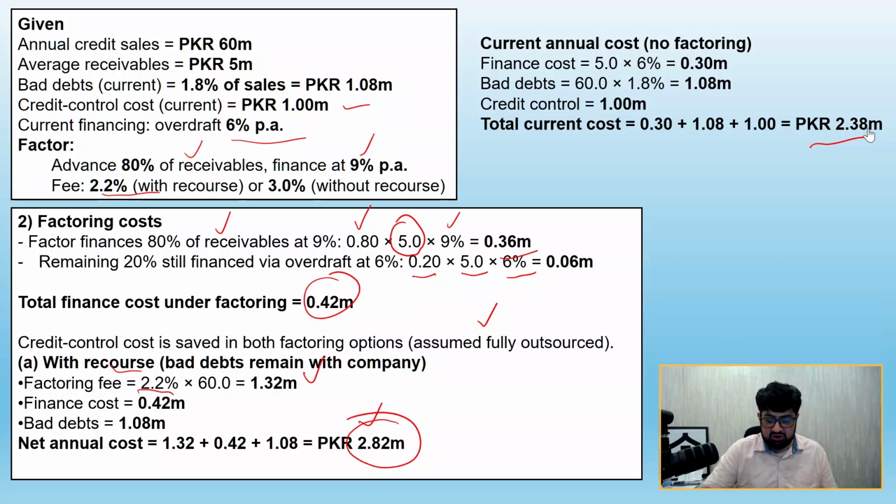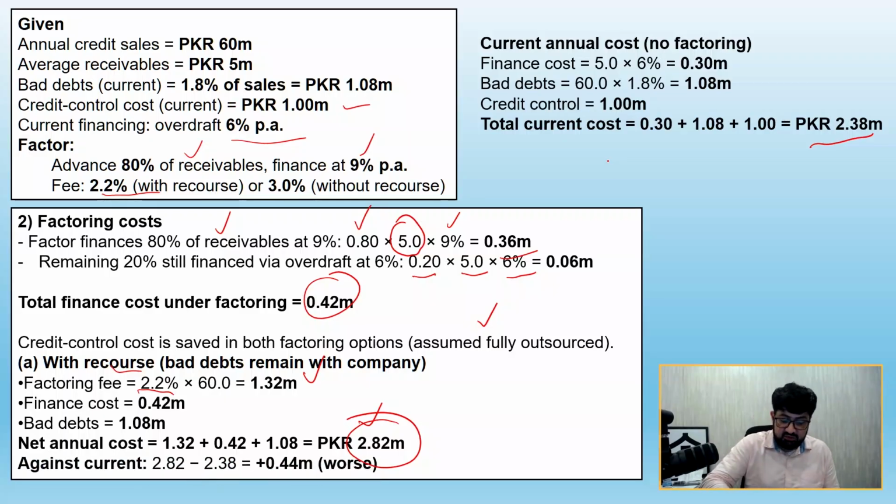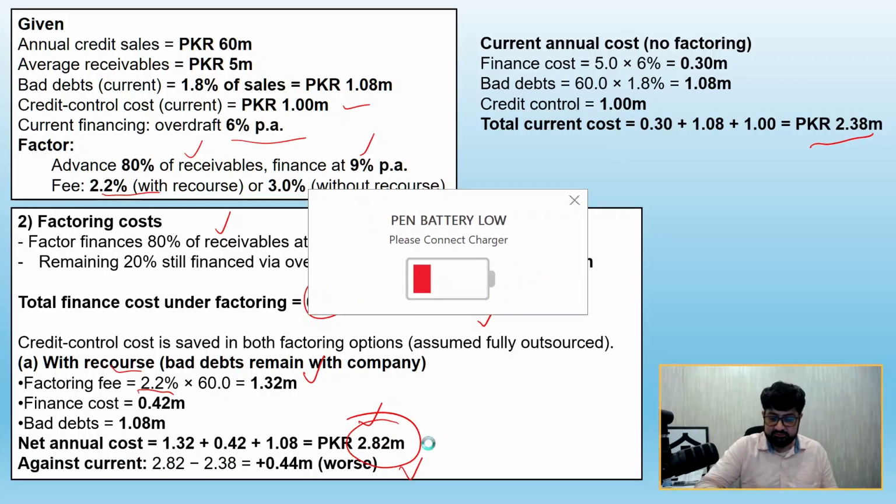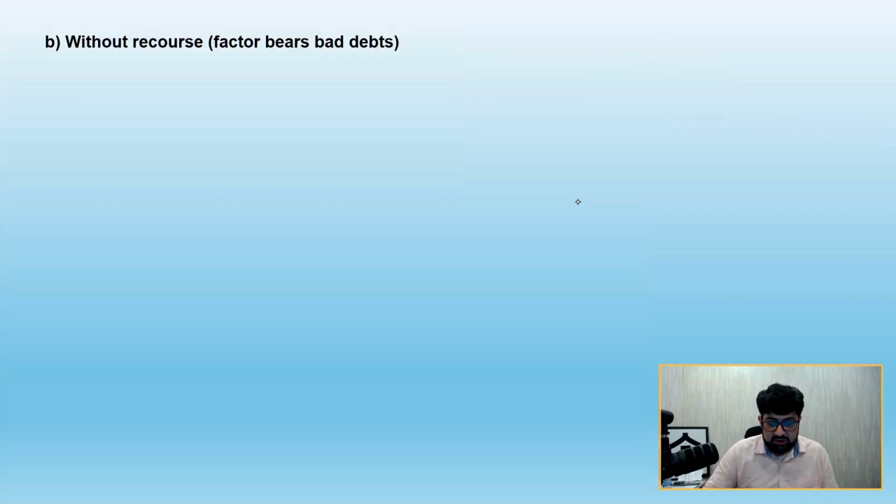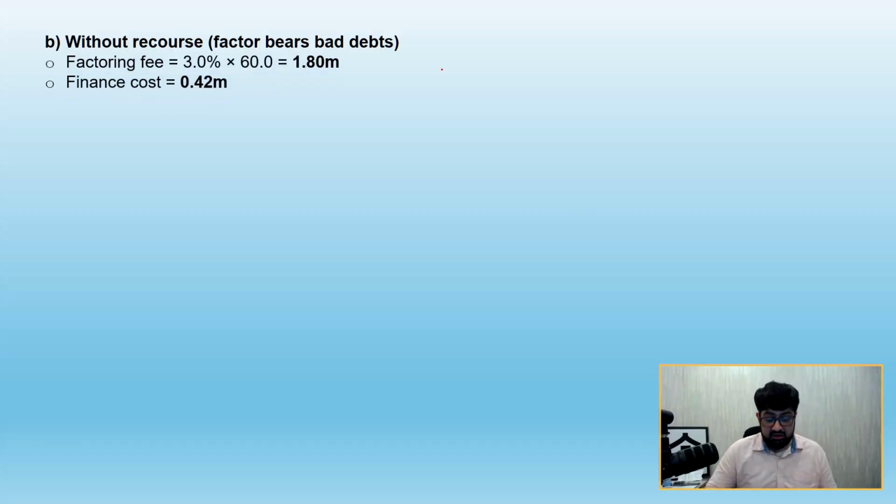So let us talk about the next, without recourse factoring. Without recourse factoring, the factor bears the bad debts. Bad debts are zero. The first cost is the factoring fee, 3% of the sales in front of you.